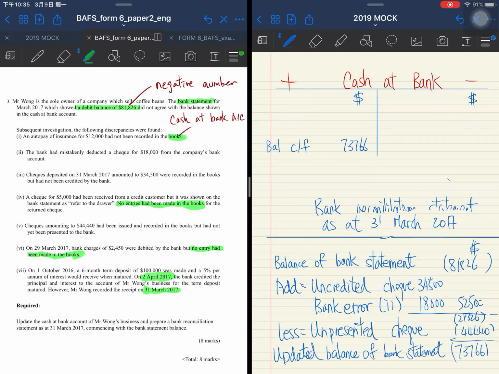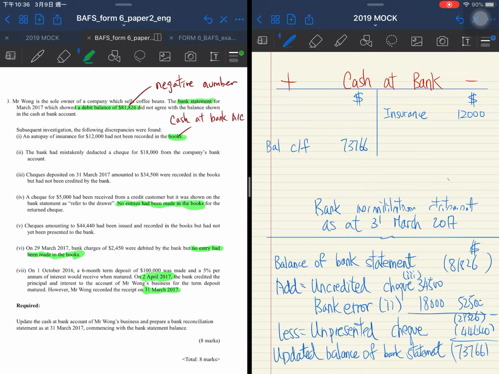So let's start the other adjustments. First, autopay of insurance, so insurance 12,000. Second, the bank mistakenly deducted a cheque for 18,000 from the bank account. We have to do it in our bank error. Number 3, we have done it because it's an uncredited cheque.